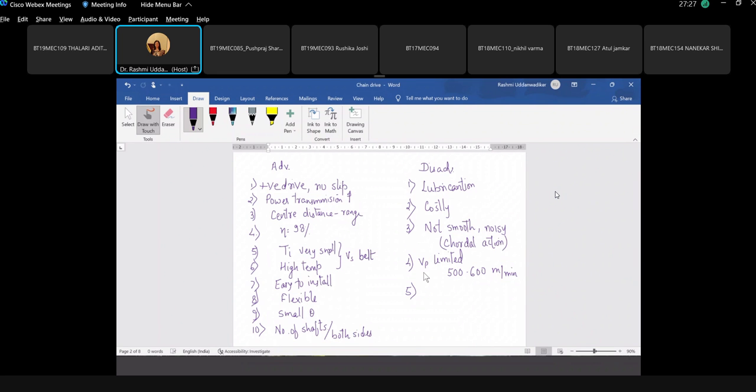What happens in case of belt drives at very high velocity? If you go on increasing the peripheral velocity, what would happen, or what is an undesirable factor coming into picture?